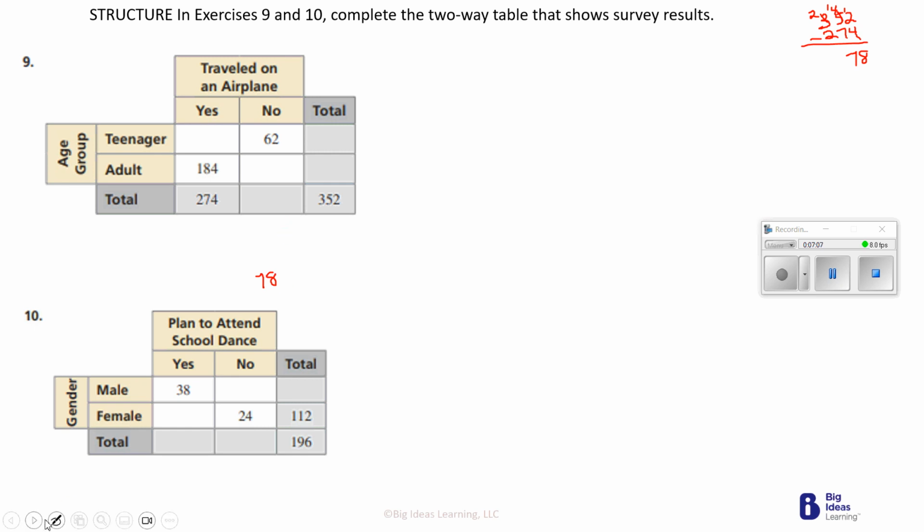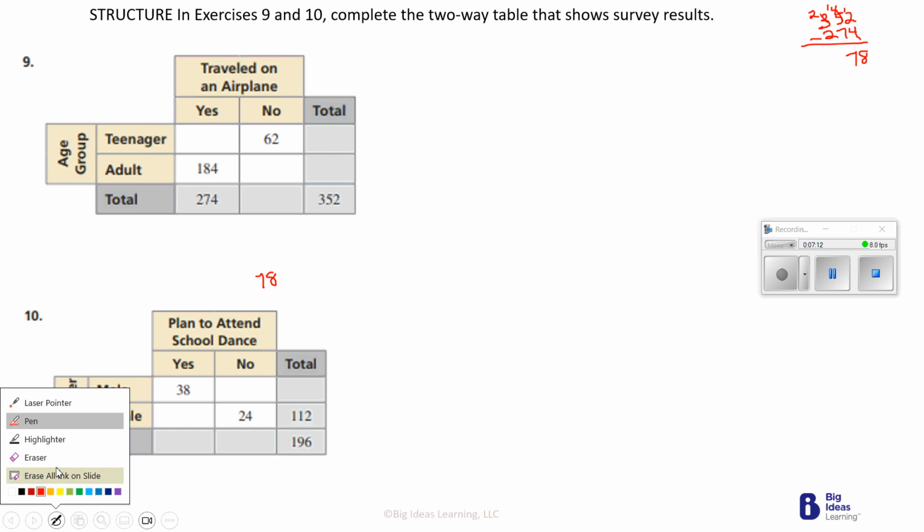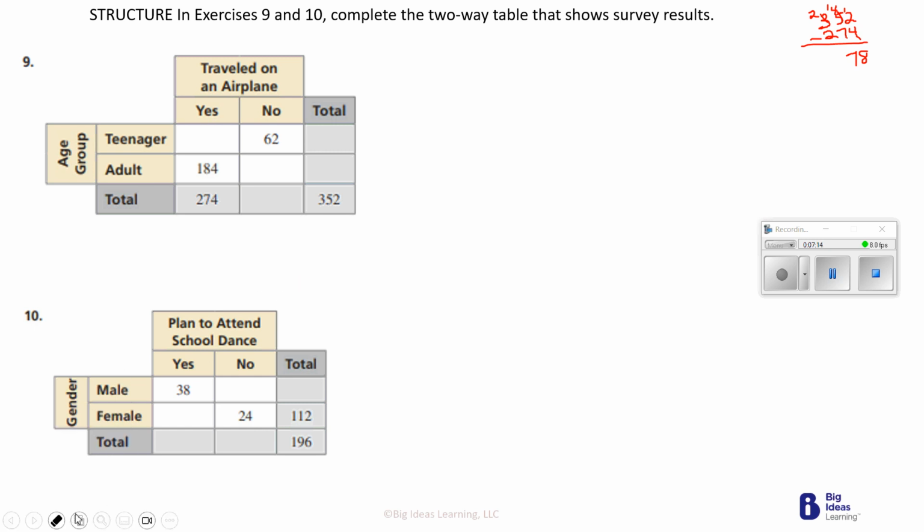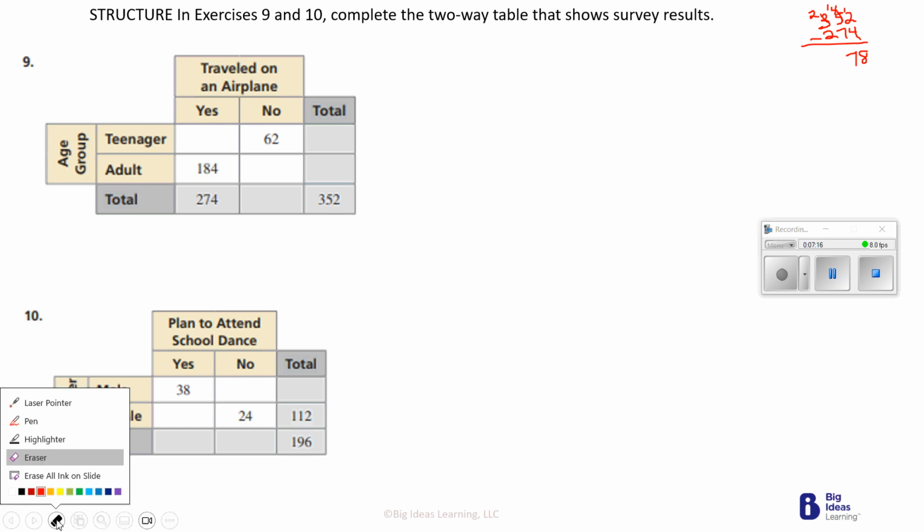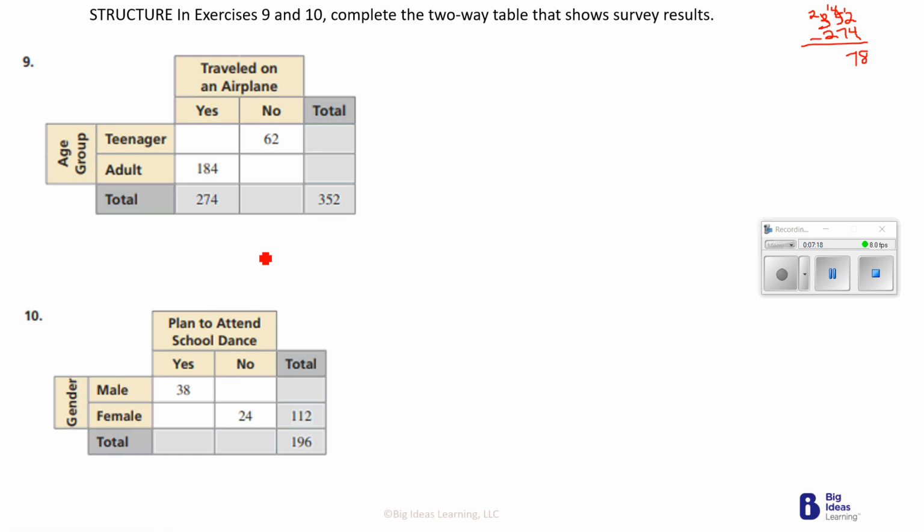I'm just going to move that. Hold on a second. Let's see, put it right here, 78. And now that I have that one, I can go ahead and work this one, right? I can take 78 and minus 62. Well, that doesn't take a lot of brain power at all.